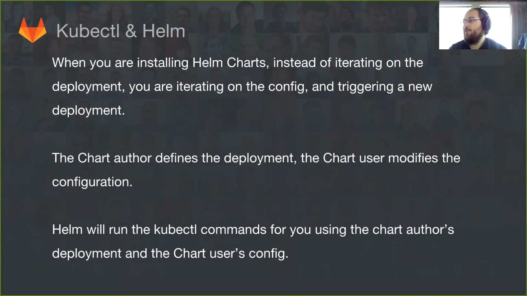Instead of you, the user, iterating on the cookbook and recipe files, you're just iterating on that config file to adjust things and change your deployment. Those edits then use Helm to trigger a new deployment. So the chart author, us in this case, defines what the deployment templates and options are, and the chart user, the person installing the chart, modifies the configuration, and that's it.